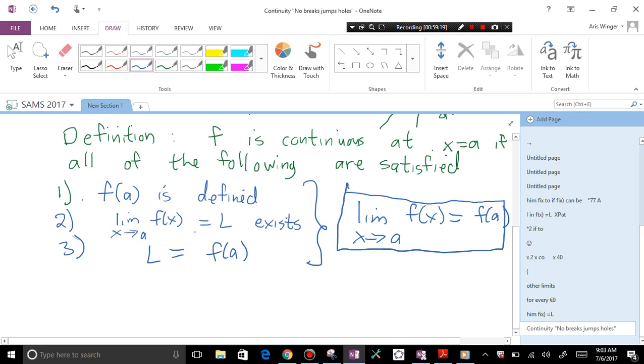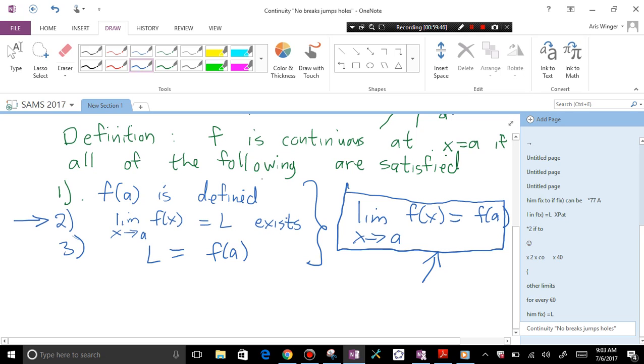If you see this being violated, this supersedes this. If a limit doesn't exist, then that violates and comes before this being violated, because if there's no limit, then there's no way this could happen. Questions about this?